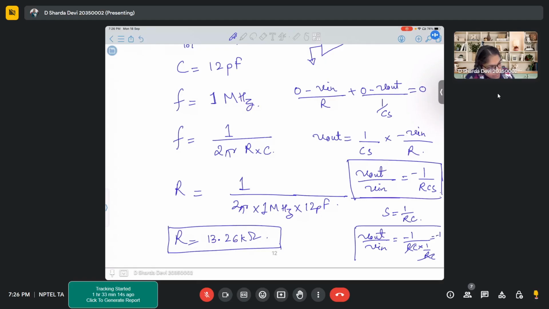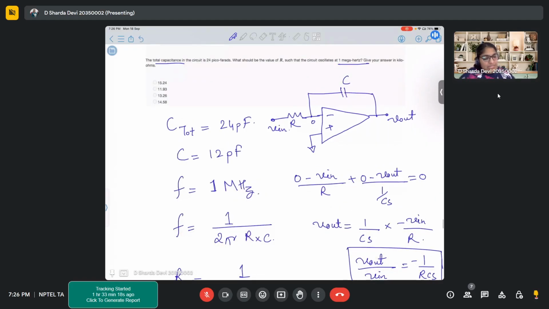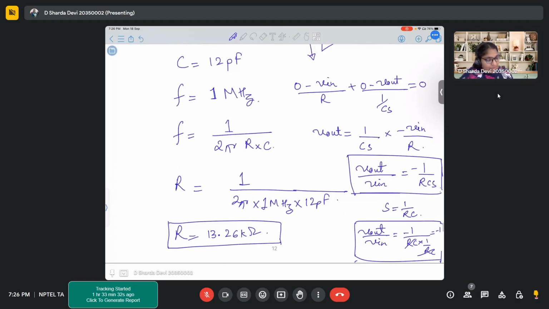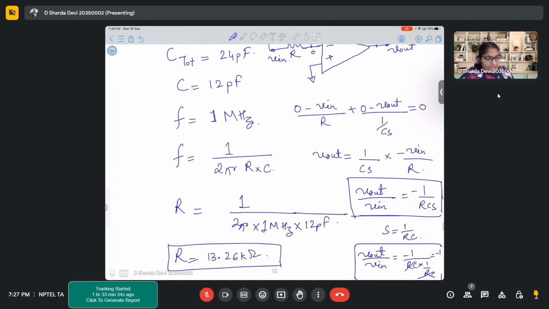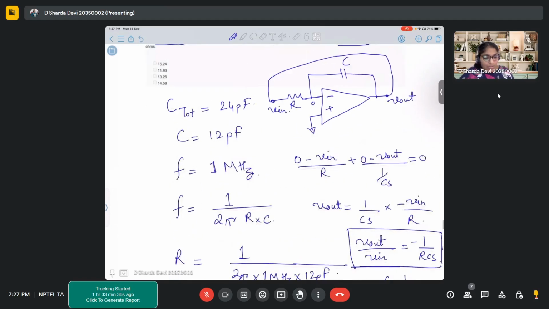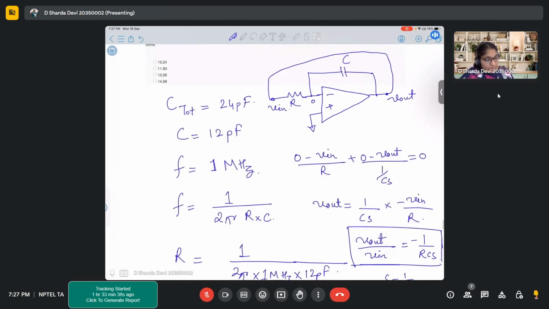Minus 1 or 1. And now let's say I feed back again, so the feedback loop has a gain of 1. There is no component in the feedback, acting as a voltage buffer.